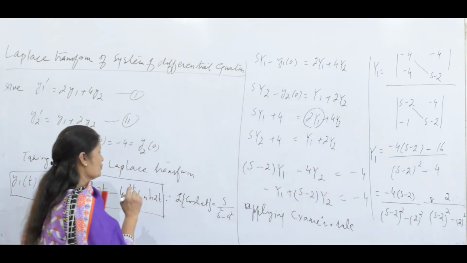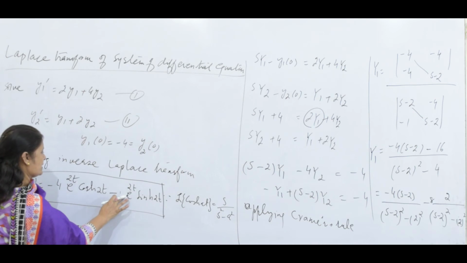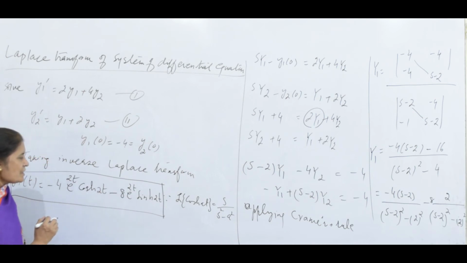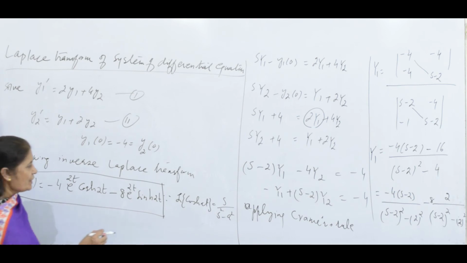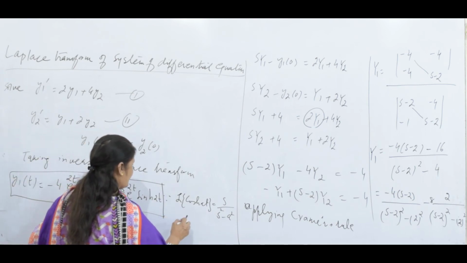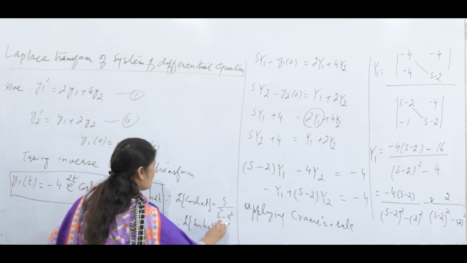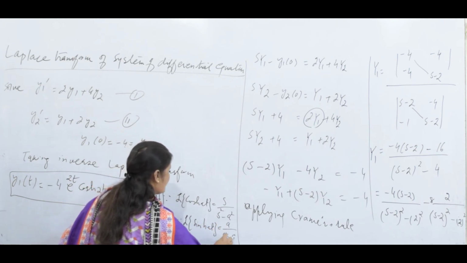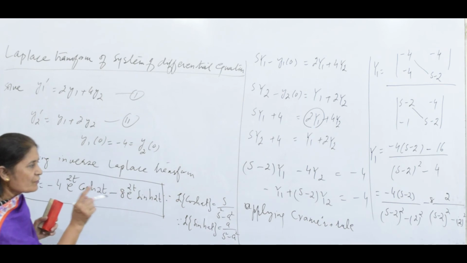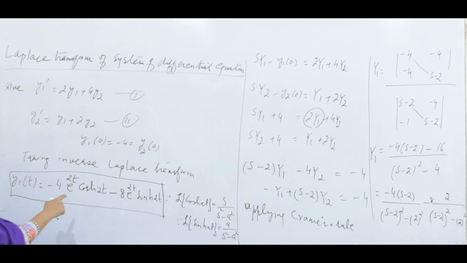So this is 8 e^2t sine hyperbolic 2t. This is because the Laplace transform of sine hyperbolic at is a over s square minus a square, and 2 is there. So 8 times e^2t sine hyperbolic 2t is y1.